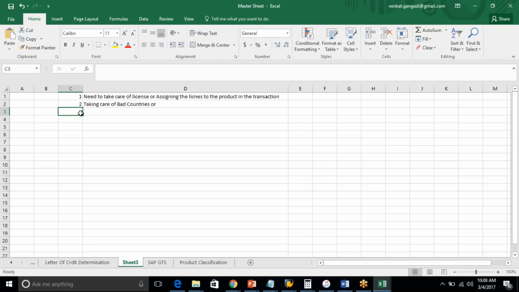And then after some time, our R3 was converted to ECC, and the ECC is still running on any database, like R3 on Oracle database, IBM database, SQL database. And the second thing, ECC with any database.